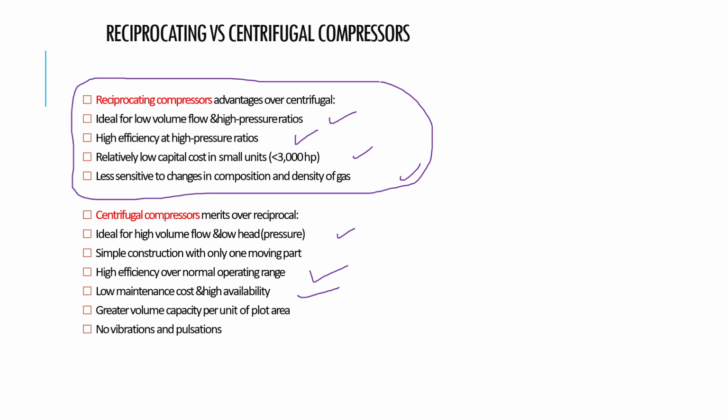The reciprocating one will have low capital cost, and the centrifugal one will have low maintenance cost. So these are the advantages and disadvantages of the two major types of compressors found in the industry.